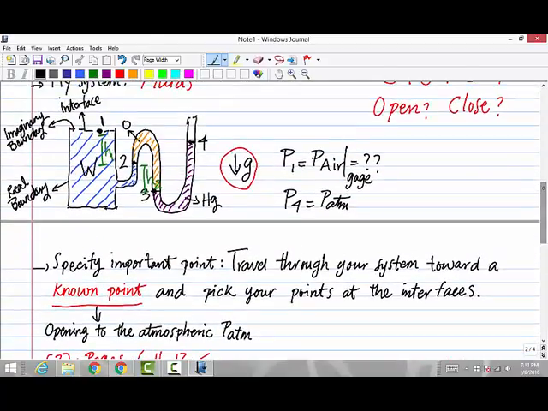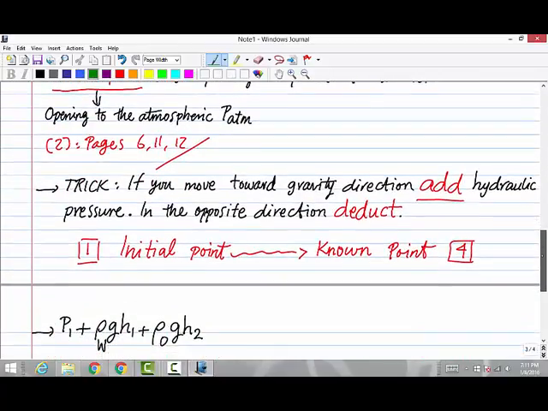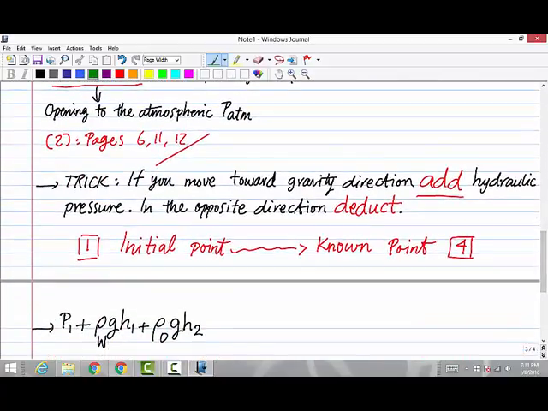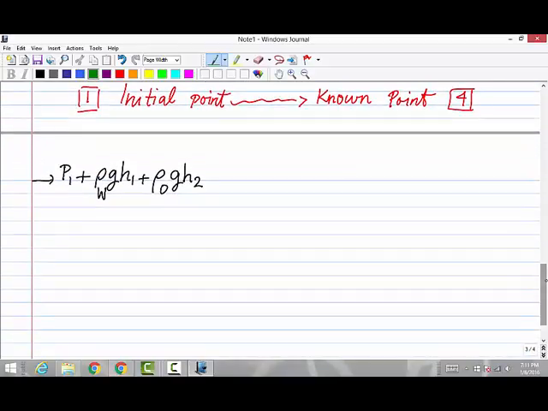Then let's go from point 3 to point 4. So we go through mercury, Hg. From point 3 to point 4, the total displacement is from here to here, and we went upward, so it's H3. Based on the rule, if you go in the opposite direction of gravity, which was downward, and here we went upward, so we deduct the hydraulic pressure.